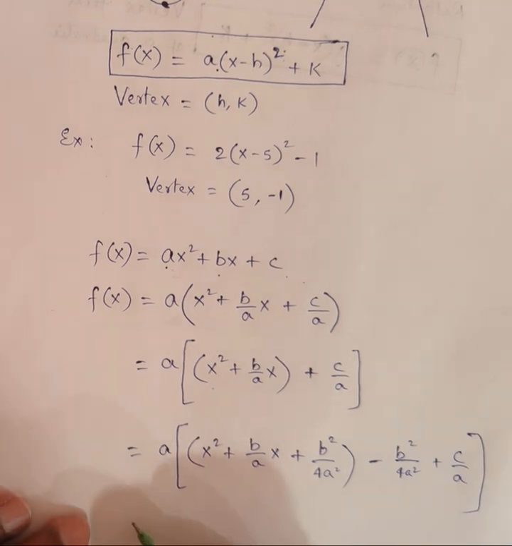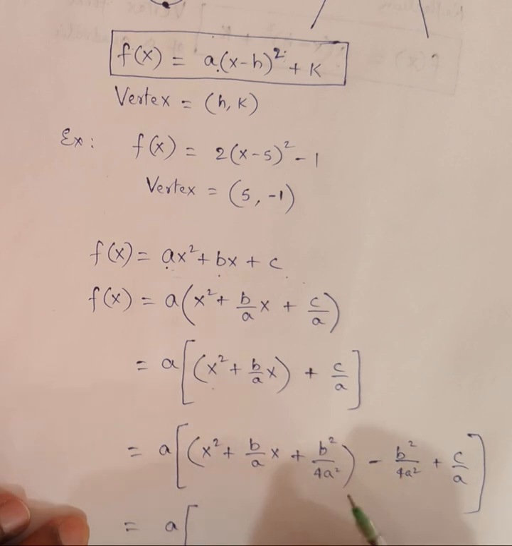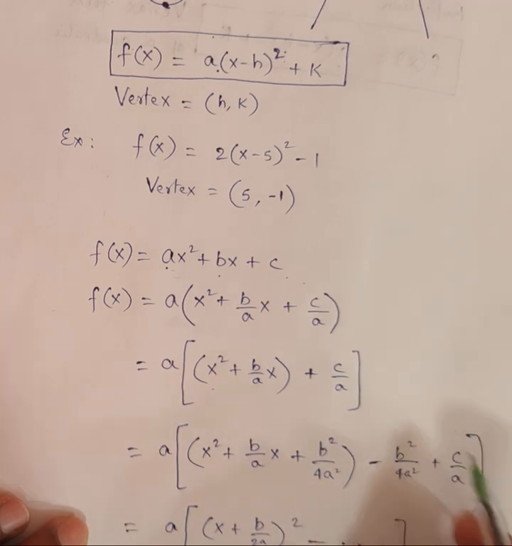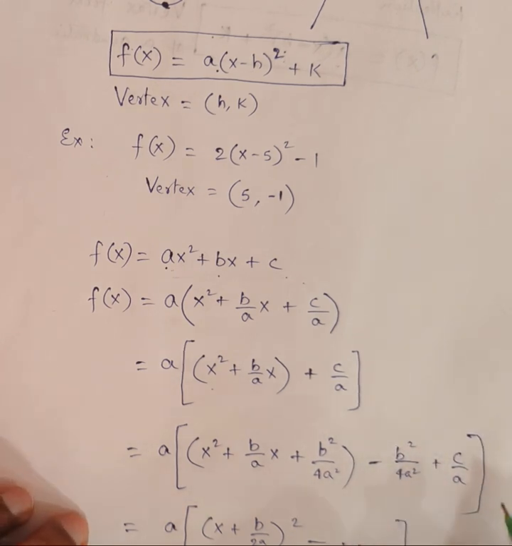Okay, it's getting complicated, but we will stop right here. And notice, this is a perfect square, which is (x plus b over 2a) quantity squared minus some combination of a, b, and c.